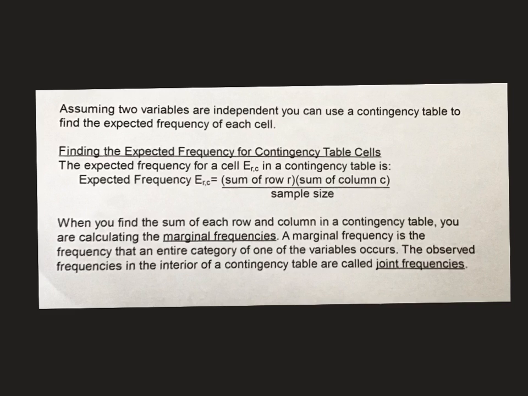That would be a marginal frequency, the total number of people who picked ice cream in a cup. The observed frequencies in the interior of a contingency table are called joint frequencies.